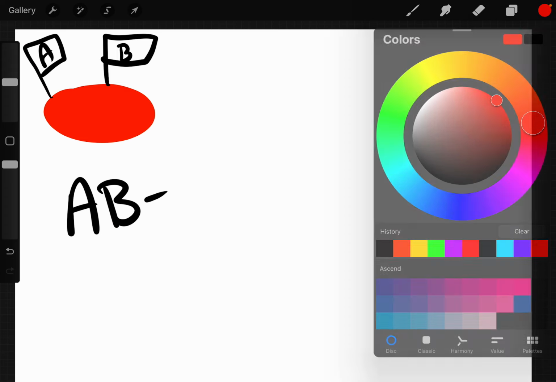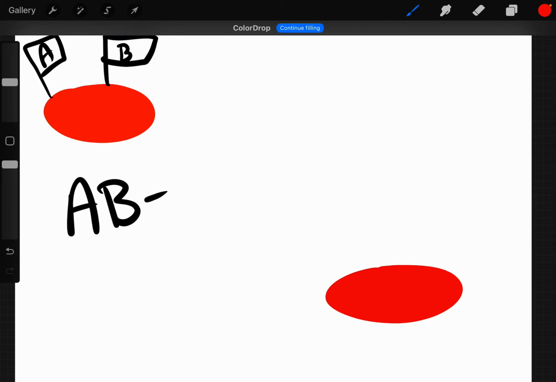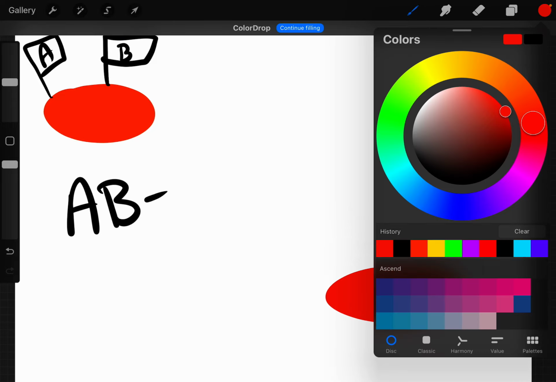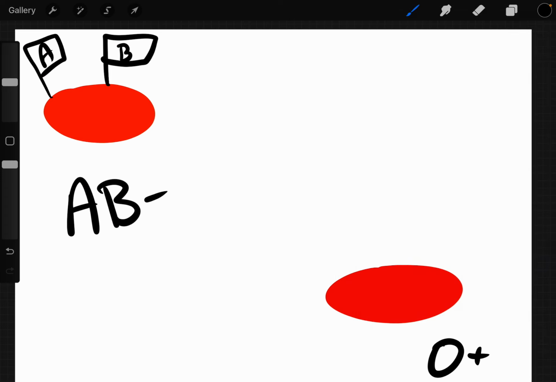We'll do O positive. Over here we've got O positive, which means the only flag on the surface is the RH. Because if you don't have an A and you don't have a B, that makes it O blood type.